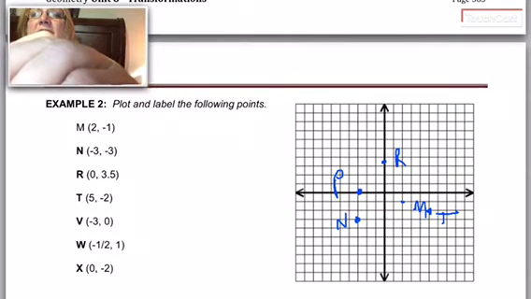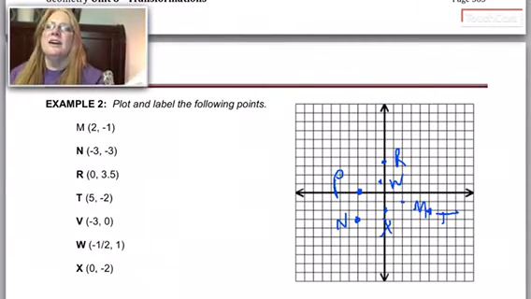Negative 1 half, 1 should be about right there. It's kind of hard to get exactly on here. And then 0, negative 2. So just a little practice in plotting points.